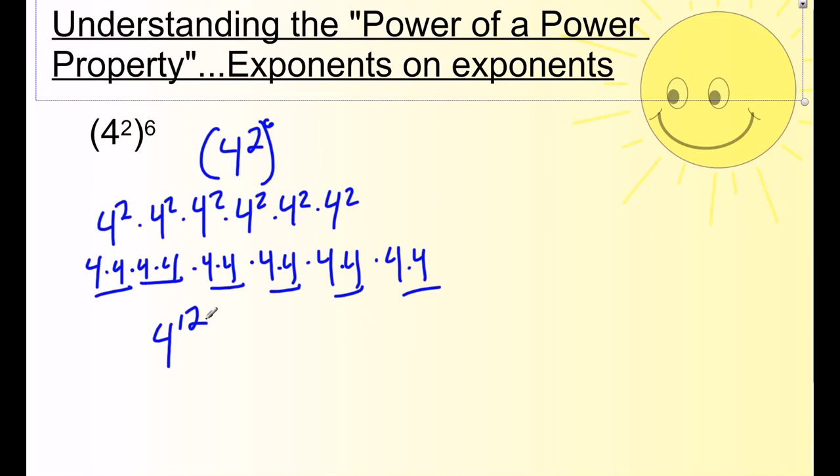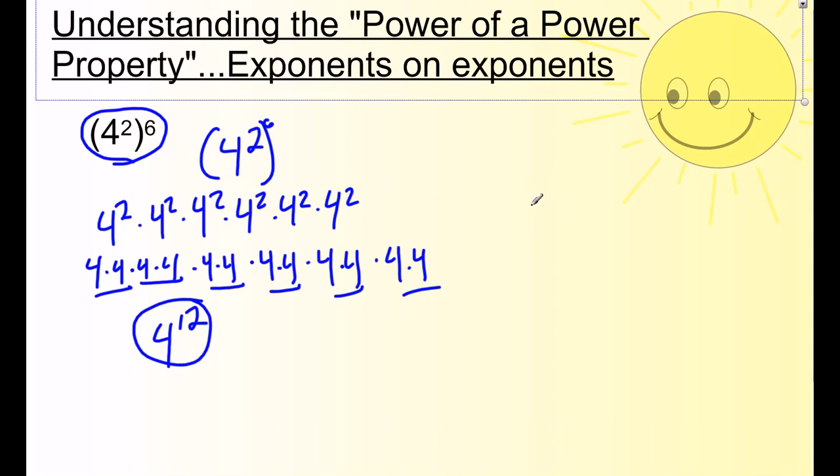Do you think you can find a connection between the answer we got here and the problem we started with here? Maybe you notice that it looks like we might be able to multiply 2 times 6 and get 12. And the answer is you can. That is actually the property in this problem.